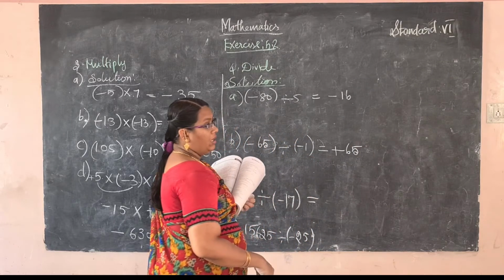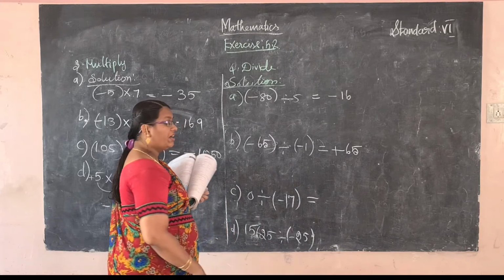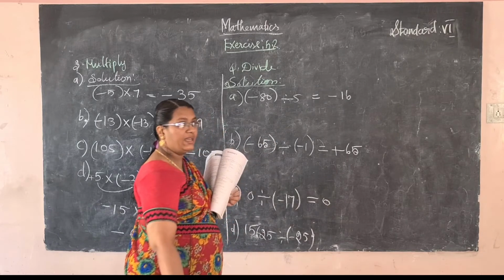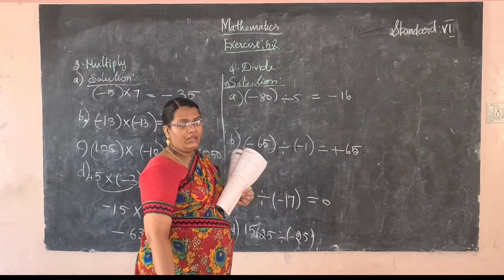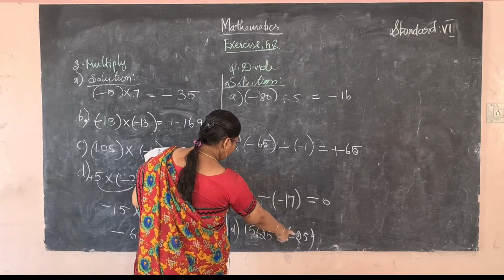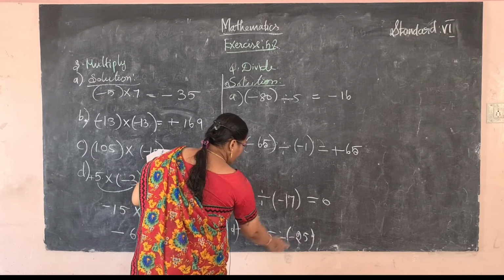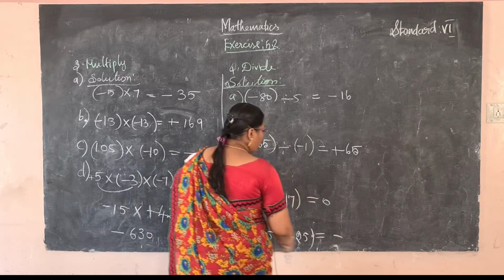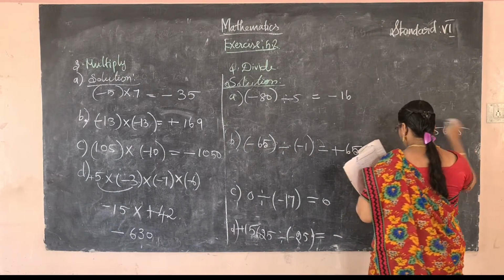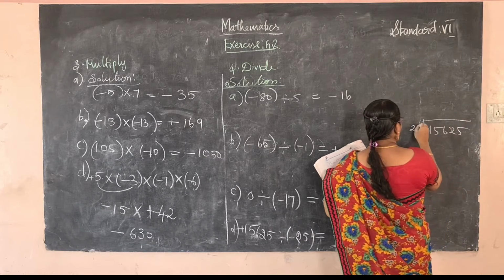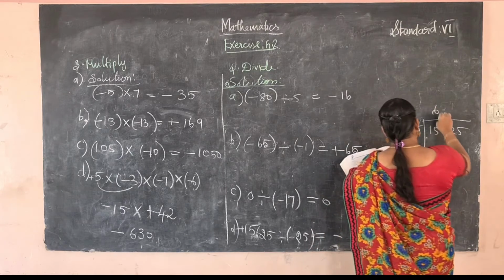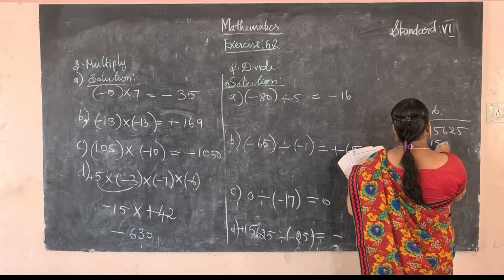0 divided by any number, we get the 0. Now here plus 1 plus value, other one is negative. So answer is negative. So what is that value? 15,625 by 25. How many times is possible? 6 times, is it? 6 times of 25 is 150.